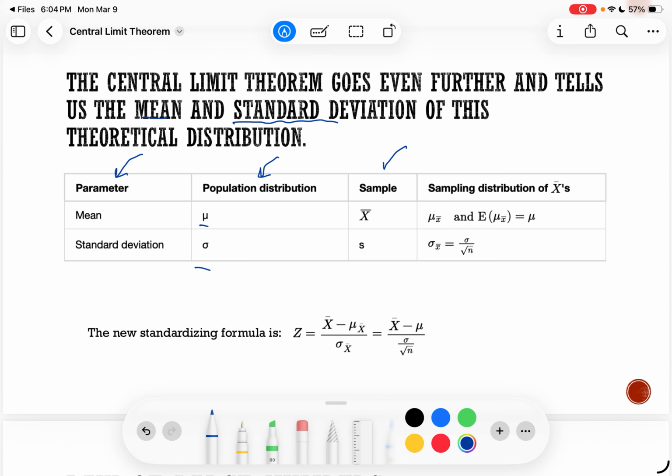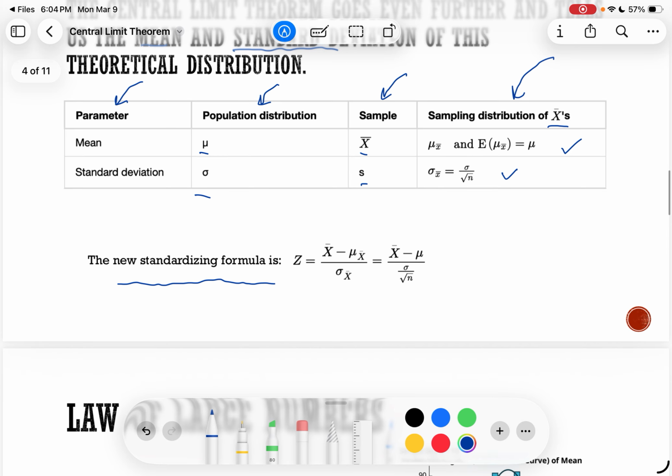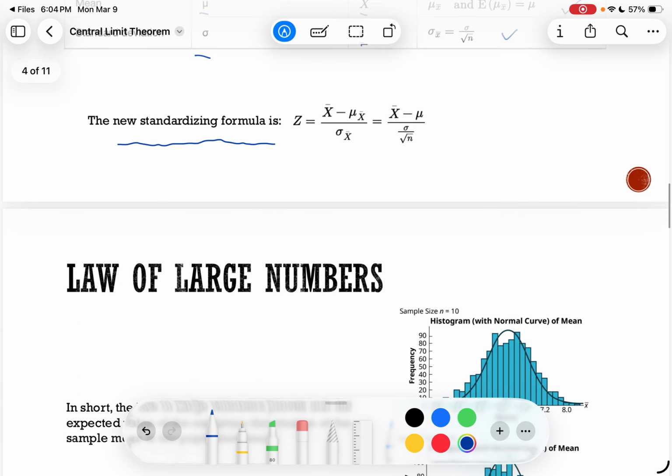The notation for the sample is x bar and small s, and then the sampling distribution of the x bars. Again, we have our formulas here with the means and the standard deviations. This formula will come in handy, the standardization formula.